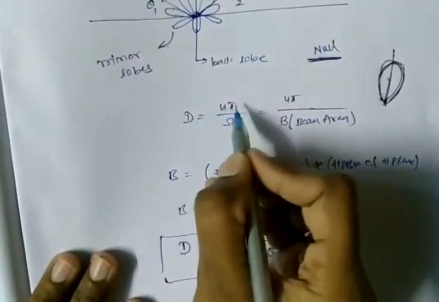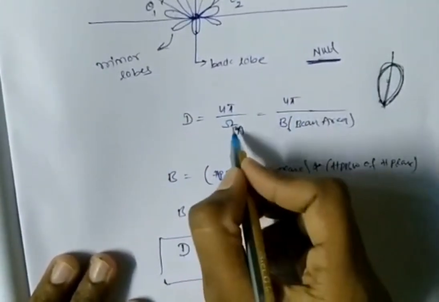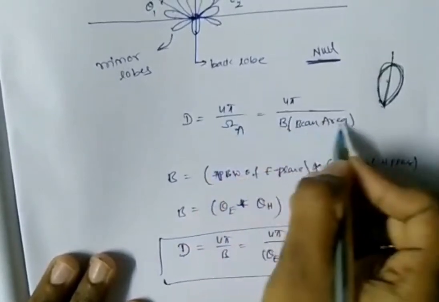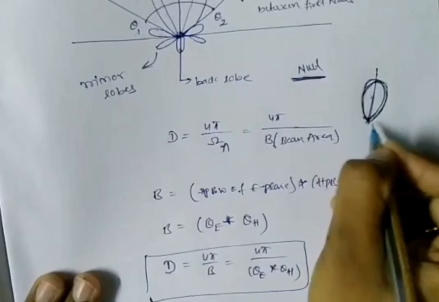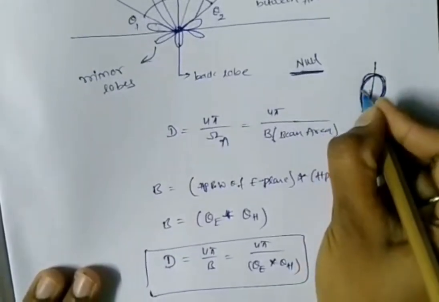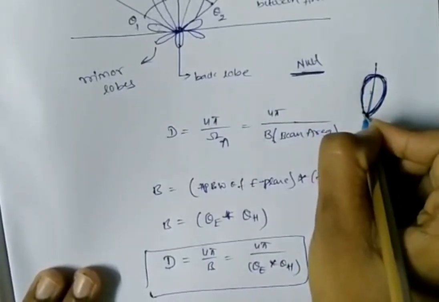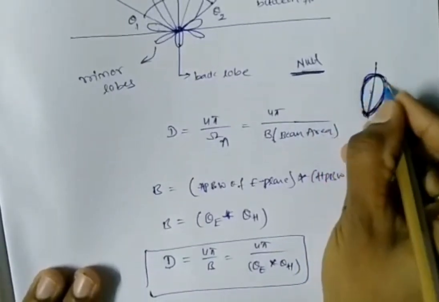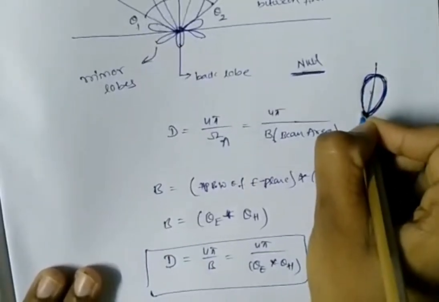So what is the directivity? 4 pi by total beam area. I am indicating this beam area with B, beam area. So what is beam area here? We are taking the major lobe here. In this major lobe we have the maximum radiation, which is nothing but in this major lobe there exist electromagnetic waves, which means there exist electric field as well as magnetic field.